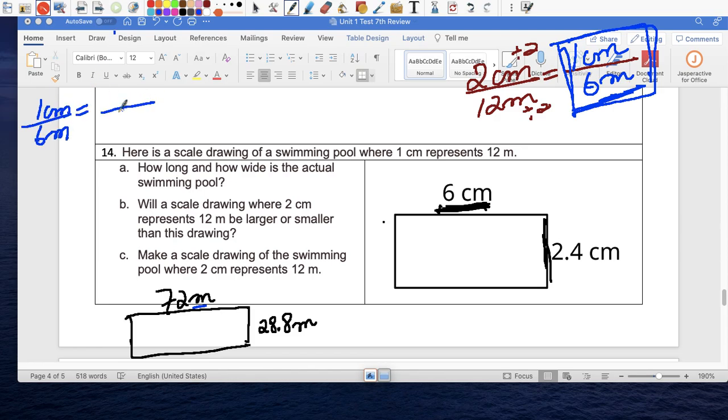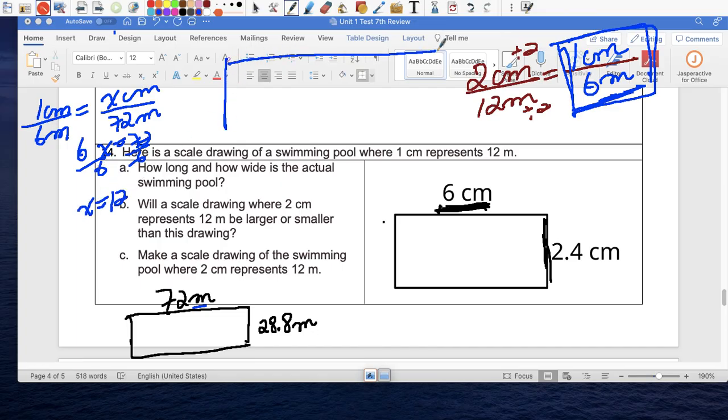If he has 72 meters, how many centimeters will he need? Well, cross multiply: 6x equals 72, divided by 6, divided by 6, x equals 12. So you can already see that this line, the length, for him is going to be 12 centimeters.